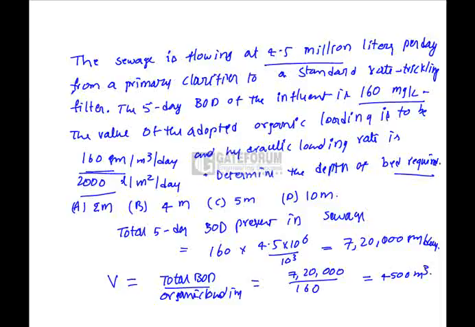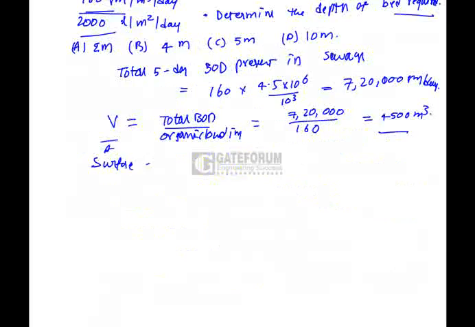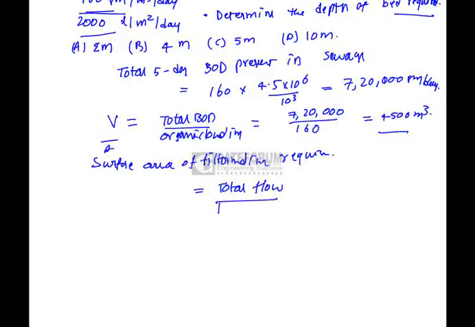If we find the surface area of the filter media required, then we can divide the volume by the surface area to get the depth of the bed directly. So the surface area of filter media required is equal to total flow divided by hydraulic loading.